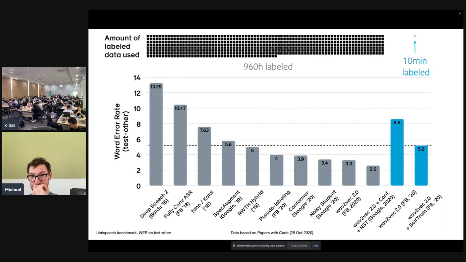But if you use, for example, in the last bar, also self-training, which is what the noisy student approach that I discussed in the previous slides does, then it can do basically as well as the best system that was developed 2 years earlier, but using only 10 minutes of labeled data instead of 960 hours.